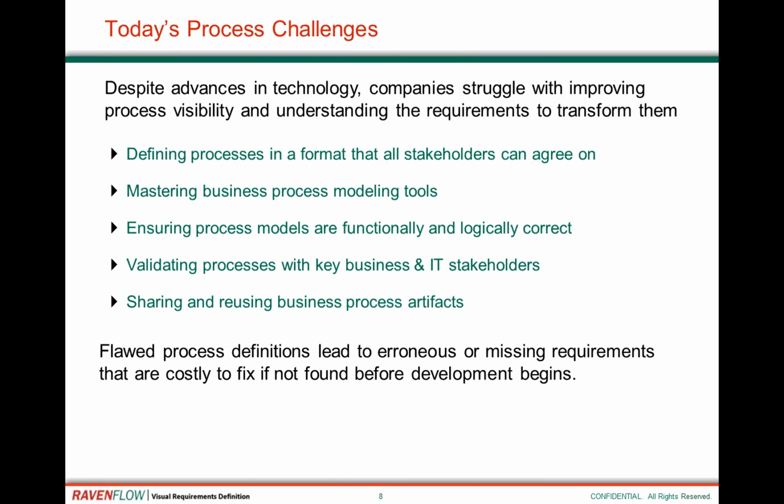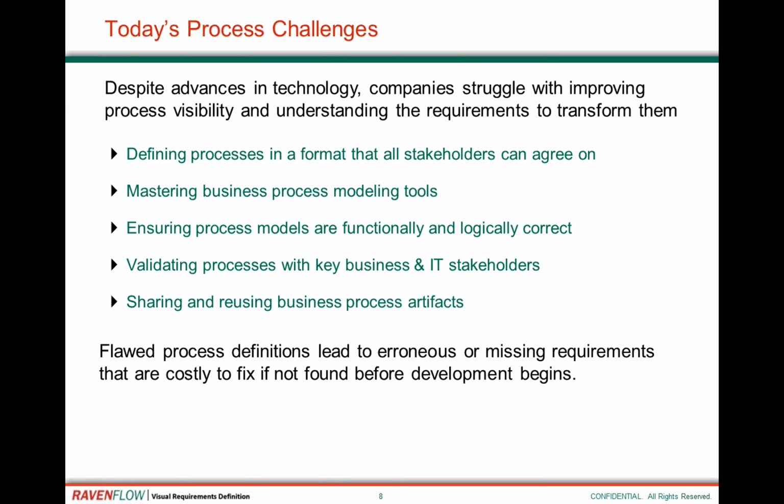And of course, the reason that this is all important is because if you end up doing any of these things wrong, in particular if you define the process incorrectly, it often is a primary source for flawed requirements, or missing requirements, as we often say, that become increasingly more expensive to fix the later it gets in the development life cycle.